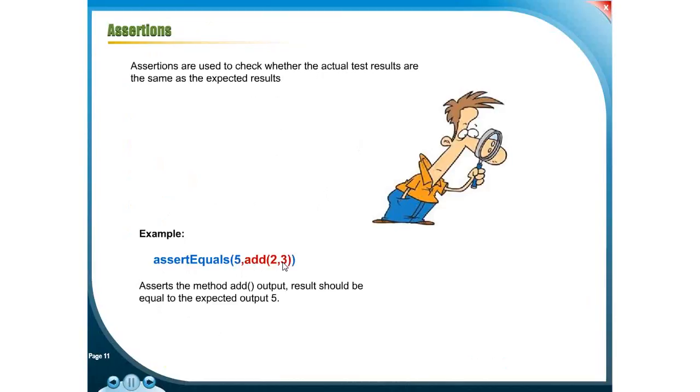I am assuming that 2, 3 when passed should give 5, right? So assert that method add output should be equal to the expected 5. If it is not resulting in 5, then this assert equals method would return false. It means that your code is failing, not as per the expectations.